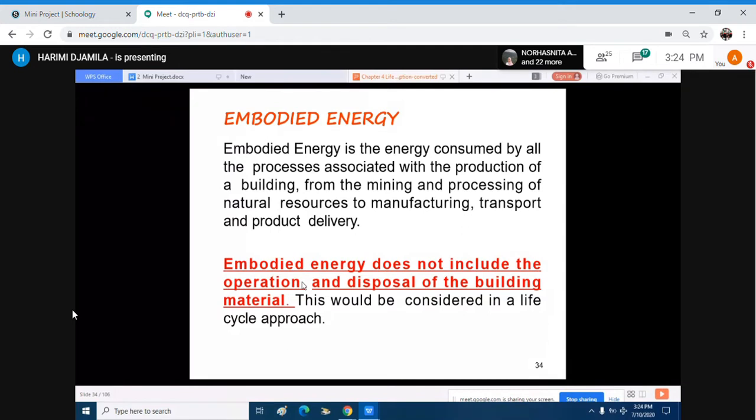So if we take off the operation and disposal stages of the building, it is known as embodied energy.